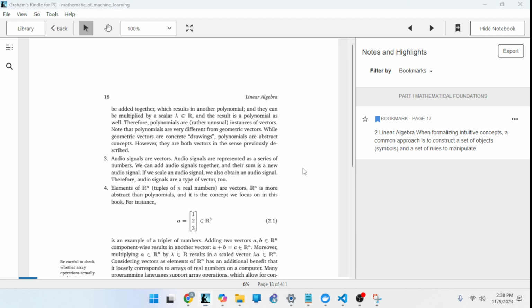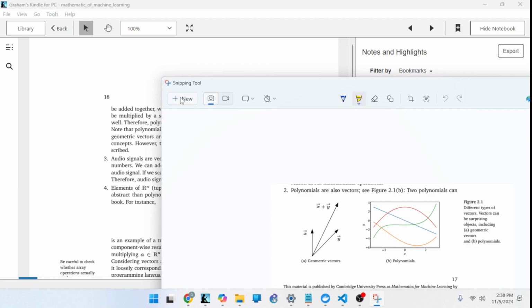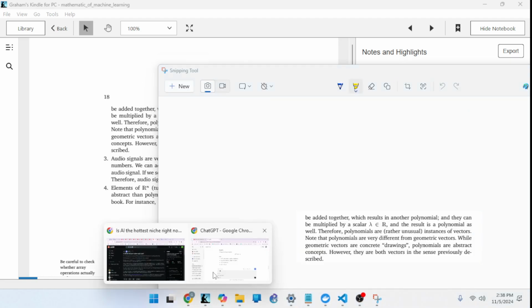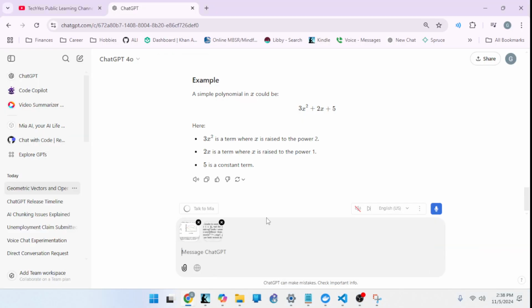There we go. Now we'll say, okay, now rewrite the 2.1 paragraph with all mathematical symbols unpacked into plain English.